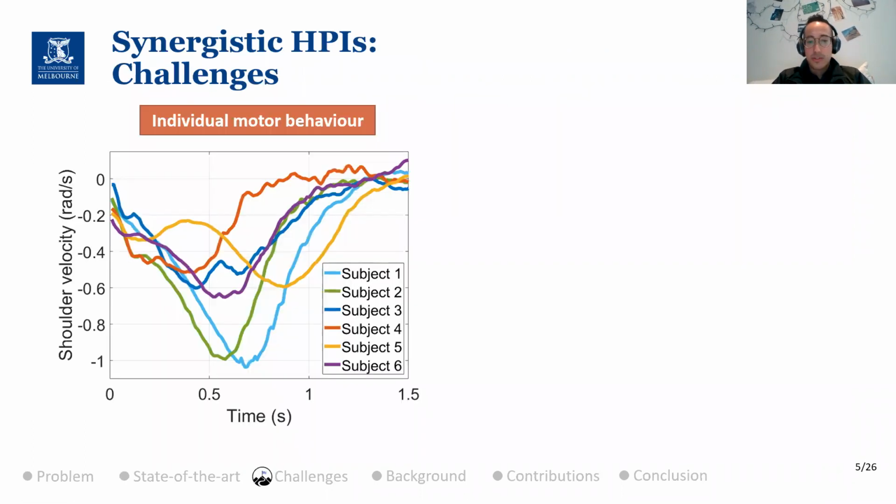So this figure shows the shoulder velocity for a reaching motion for 6 different able-bodied people. The way you would normally train one of these motion-based interfaces is you grab a group of able-bodied people and ask them to do a task, for example, some reaching movements. You collect data from what would be the stump or residual limb, which is the upper arm, and then also from the elbow, the forearm too, which is what the human-prosthetic interface will be estimating.